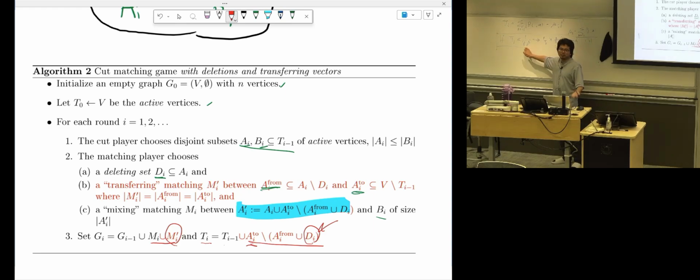The potential will be small, and the active set is going to be expanding. Now the active set is not a decremental set. It doesn't only undergo deletion. The active set changes through rounds. It moves in each round, but it's still going to be expanding.